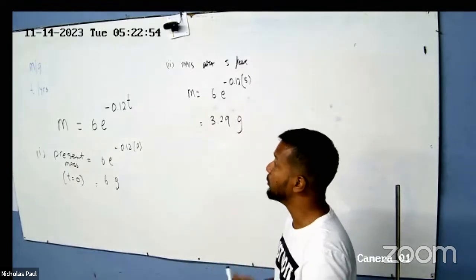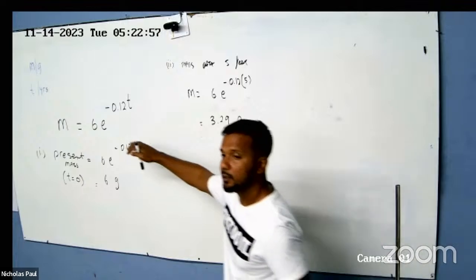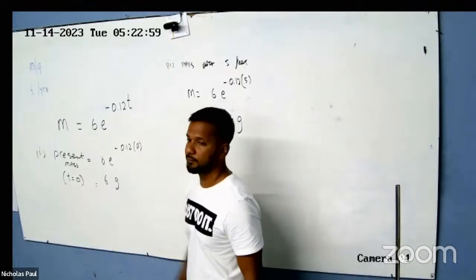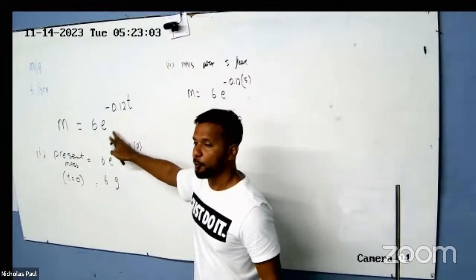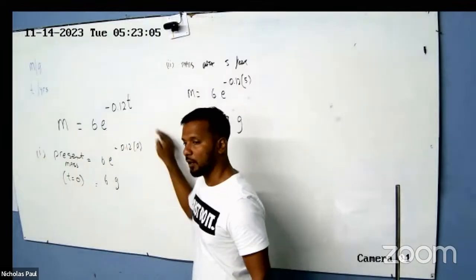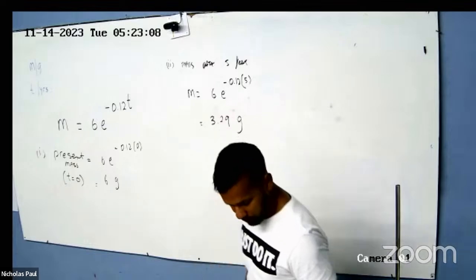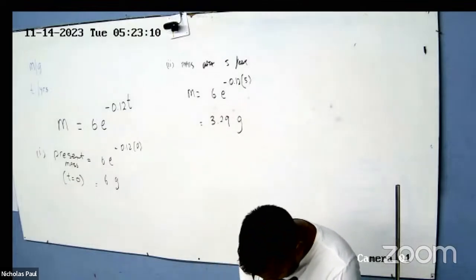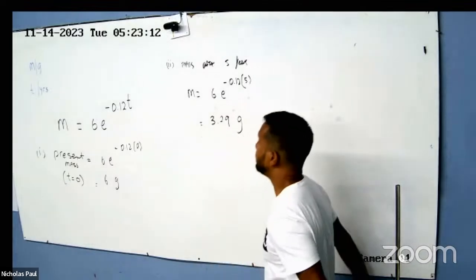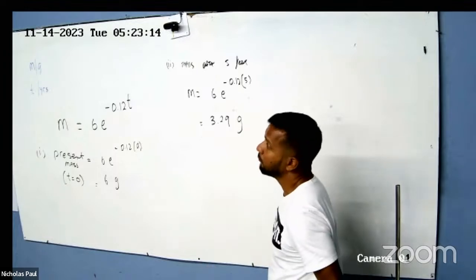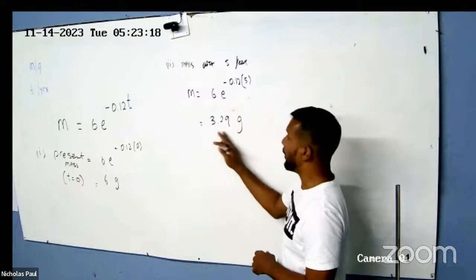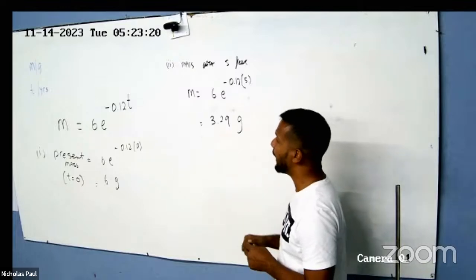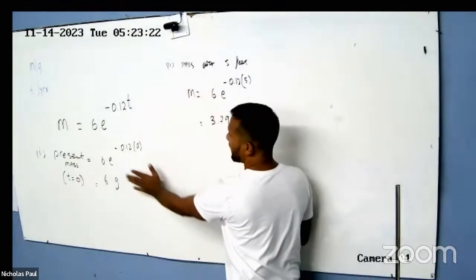We have now started this modeling, so we're using an exponential function to model a situation. Are you okay with that? When you use the exponent, you're getting 3.29. Again, everything really comes from here.